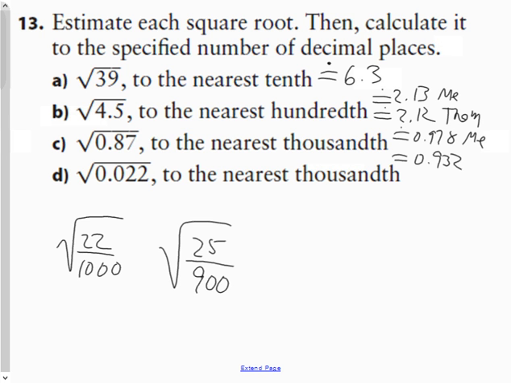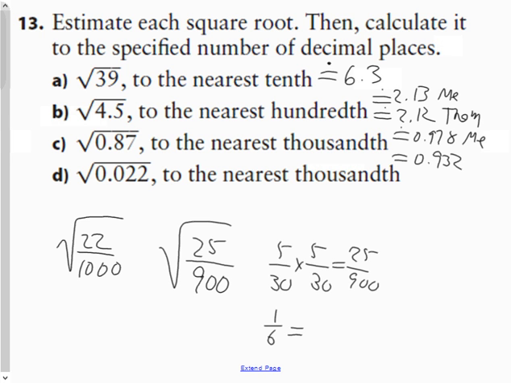So the square root of this fraction is kind of close to 22 thousandths. So what fraction times itself is 25 nine-hundredths? That would be 5 on the numerator and 30 on the denominator, because 5 times 5 is 25. In lowest terms, this would be 1/6.